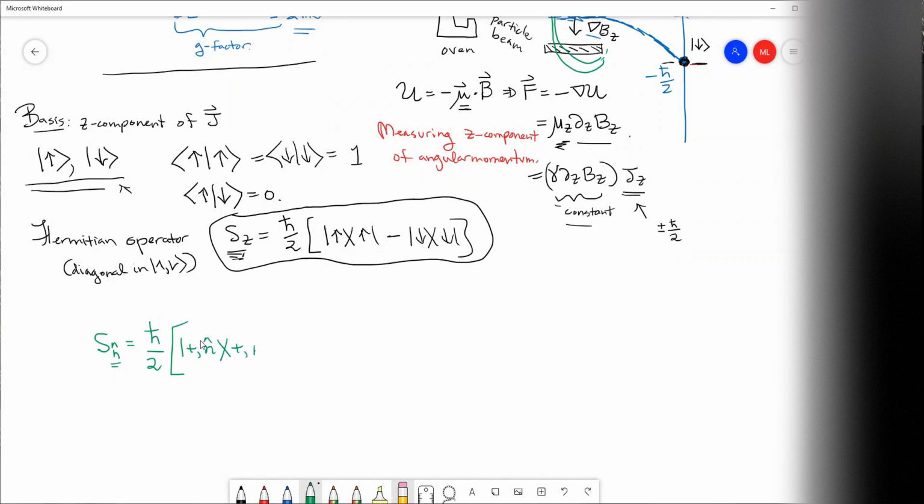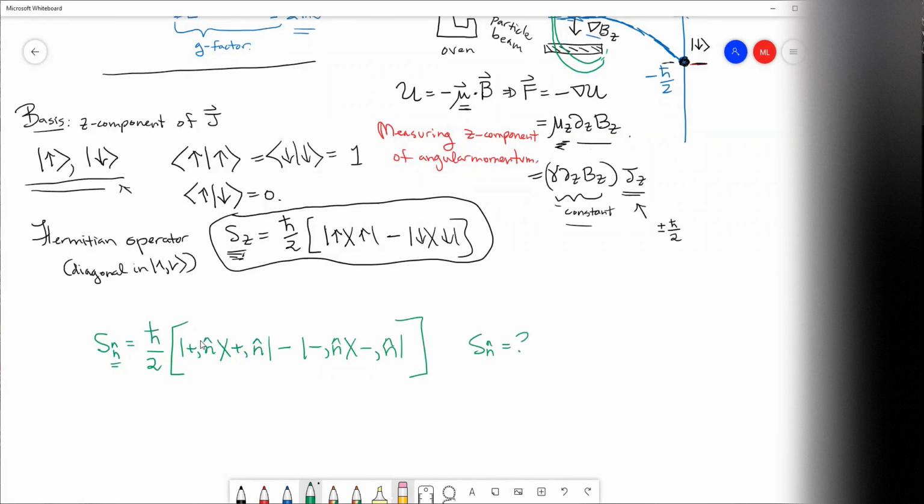This would be the plus h bar over 2 eigenstate, and then you'd have the minus state. So that's a general thing. And what we want to know is what this is equal to in terms of, say, the z basis.